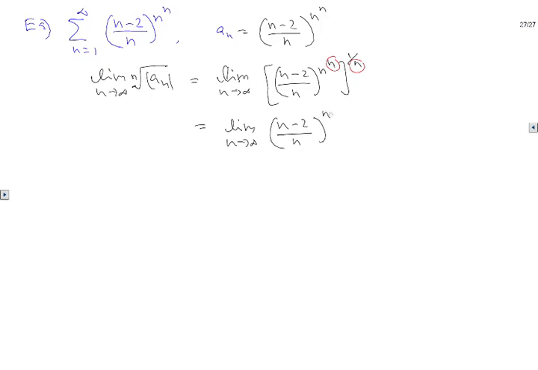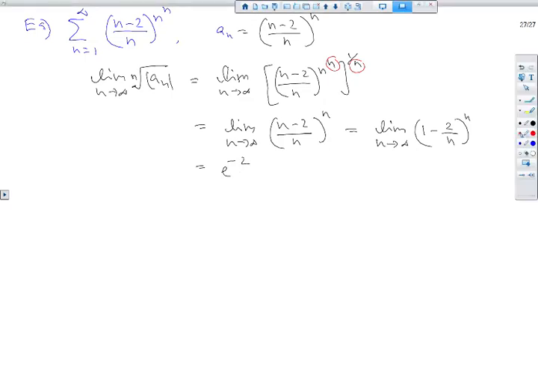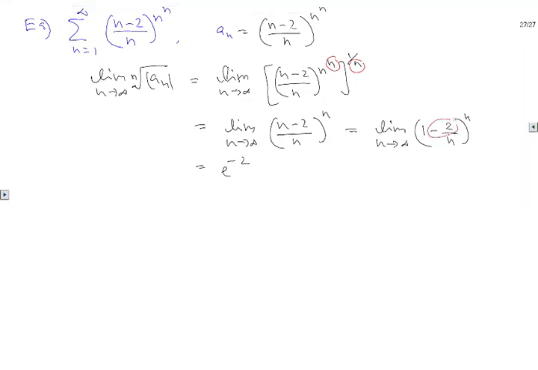Now we're going to use one other trick that we used before. You know that this limit you can write in a special form: 1 minus 2 over n to the nth power. That means this is simply going to be e to the negative 2. Where is the e to the negative 2 coming from? That's the negative 2. So e to the negative 2 is 1 over e squared, which is less than 1, since e is roughly 2.718.